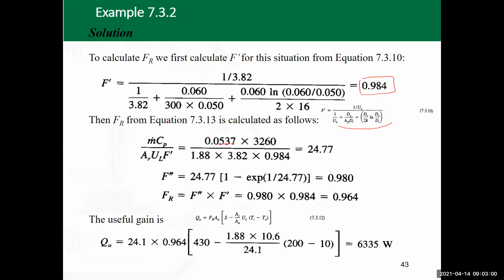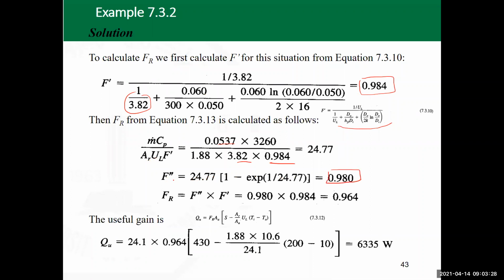And then A_R, we have calculated it, the area of the receiver, and the overall heat transfer coefficient or loss coefficient is given, the same value that we used here. It is expressed here, and F dash is the value that we calculated in the previous step. So we can calculate the value of F double dash as this number of transfer units times 1 minus exponential of minus 1 over the same value. So F double dash is 0.98.